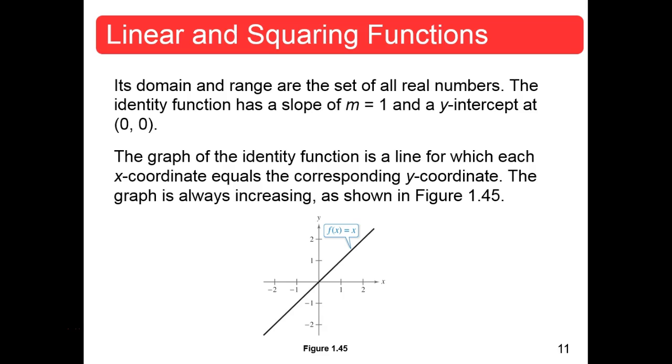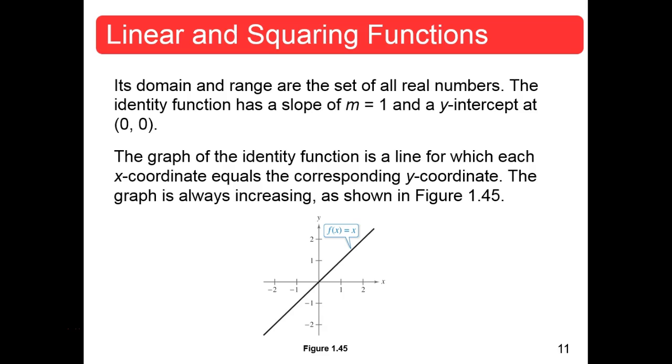Slope of 1. And for instance, when x is 1, y is 1. When x is 2, y is 2. When x is negative 1, y is negative 1. When x is negative 2, y is negative 2. Identity function. Okay? Domain: all real numbers. Range: all real numbers.